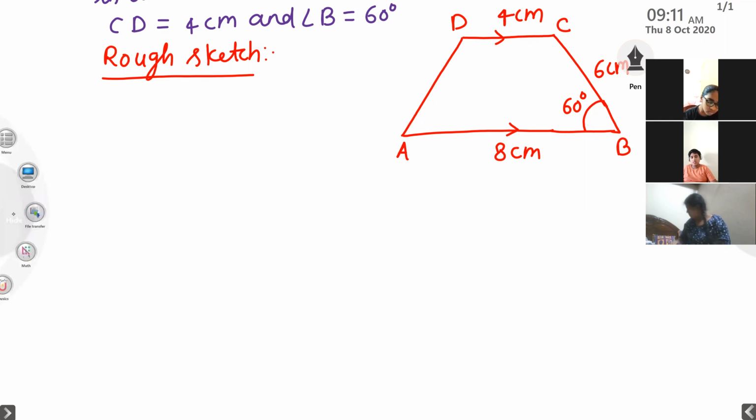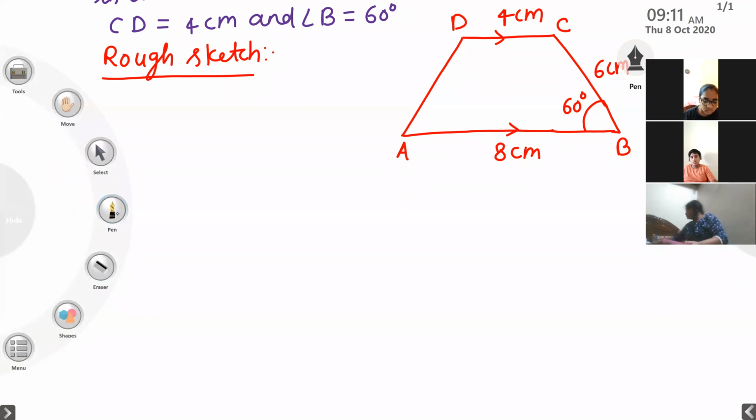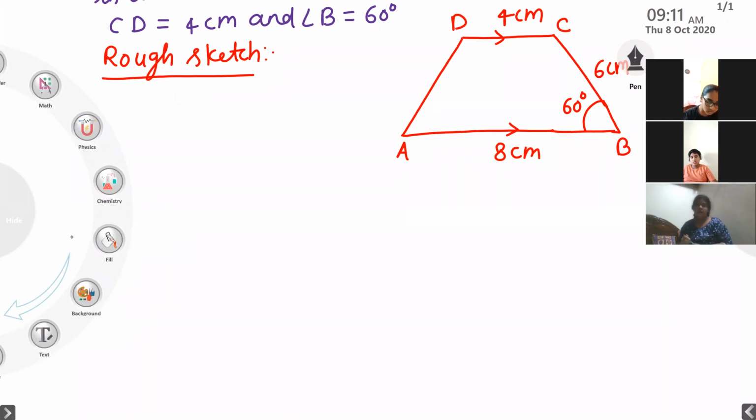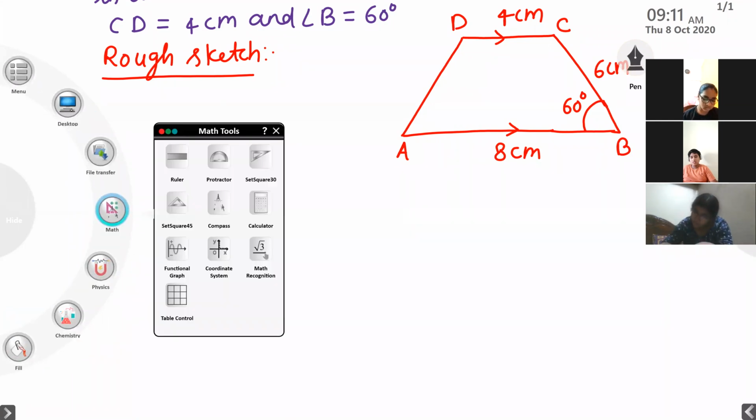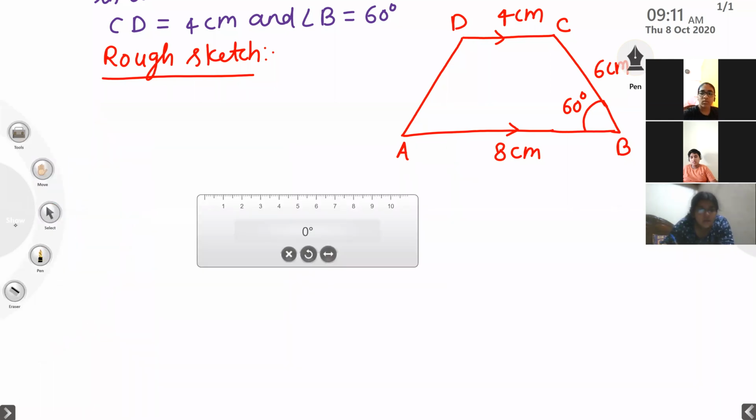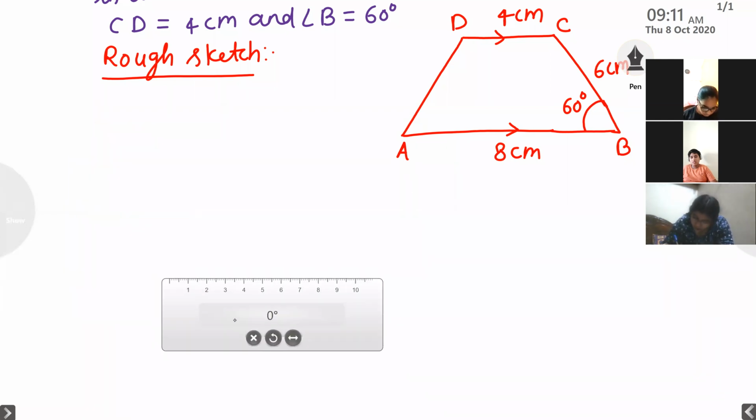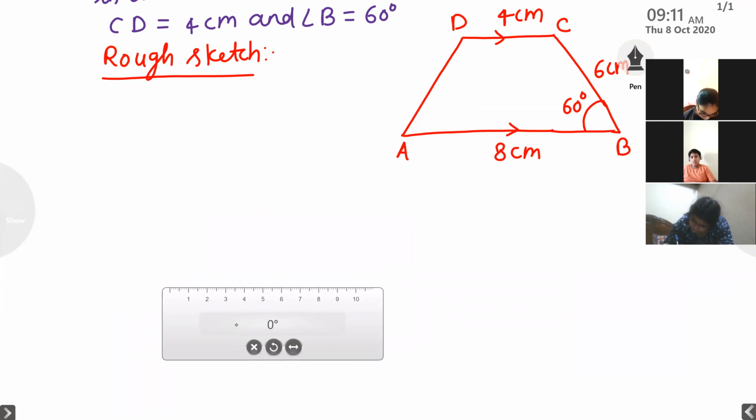With the help of scale, I want to draw 8 centimeter length. Everyone leave 10 line gaps. Draw one line segment AB 8 centimeter. Start construction, everyone, along with me.